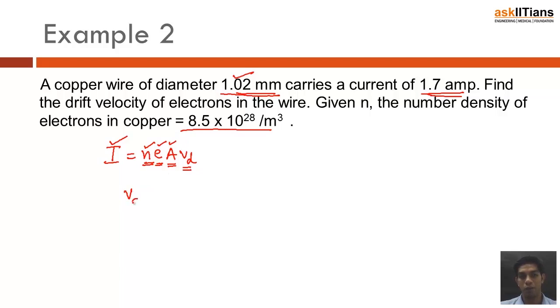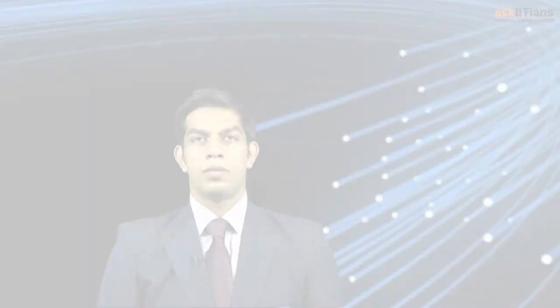So we just need to find the drift velocity, which can be found using I divided by nAe. If we substitute the different values, we end up getting 1.5 millimeter per second. If you observe this, the drift velocity of electrons is very, very slow.